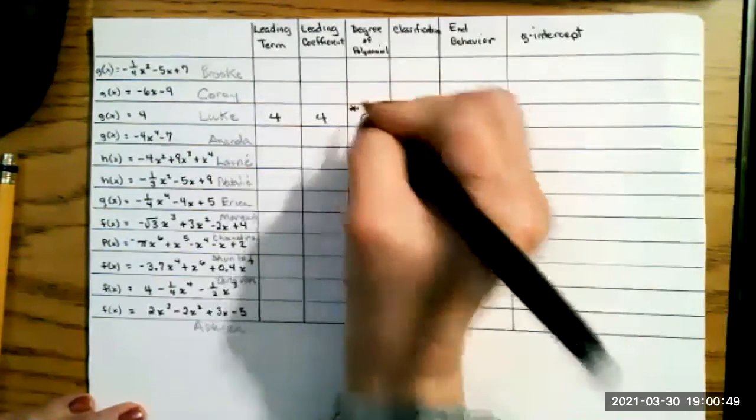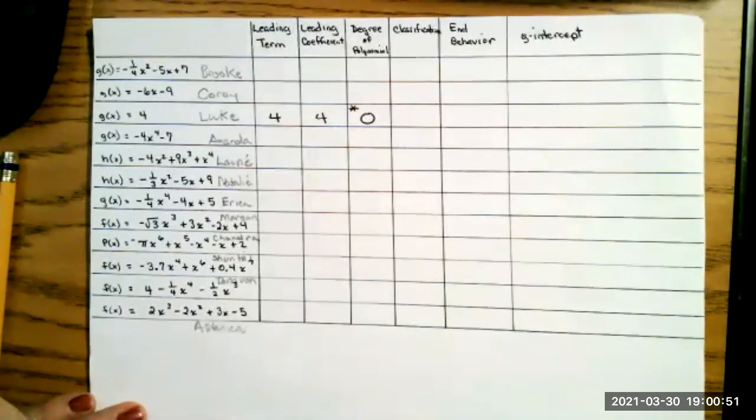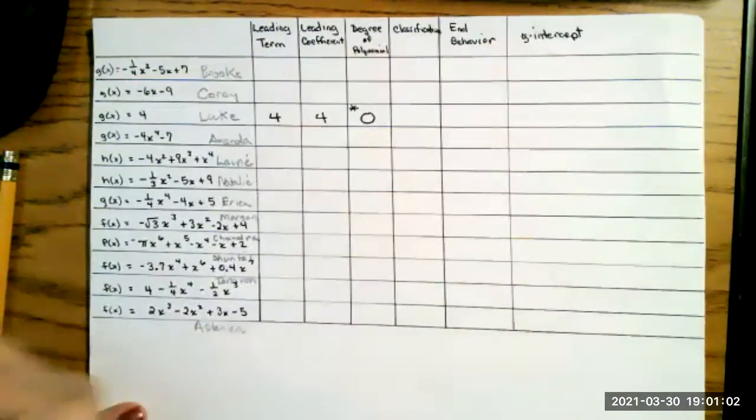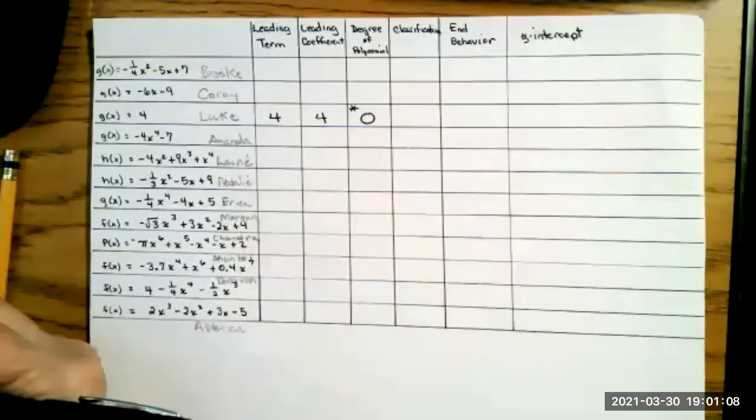And if I'm wrong, there's not a classification or an end behavior because it's just a straight line. So what's a straight line called? When it goes straight across, we did that in intervals. What's it called? Linear. It is linear, but it has a special name. Constant.